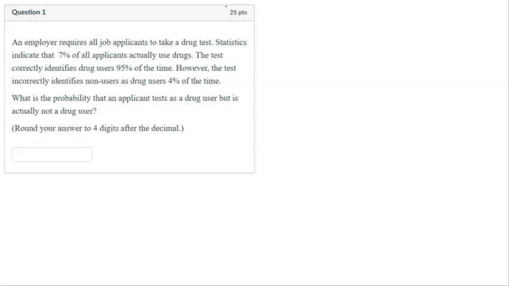We're going to try to understand this using a tree diagram, created using probability. We'll put a 1 at the beginning of our tree diagram, and then break it off into users, drug users, and not users.